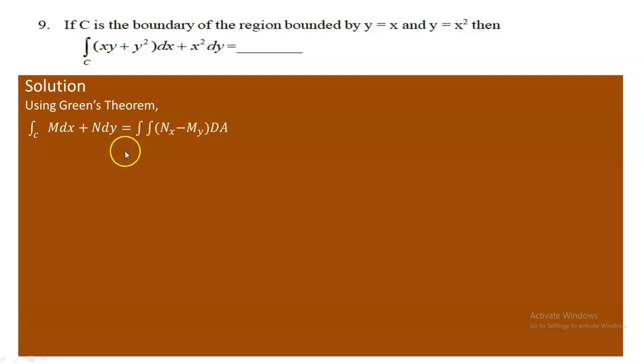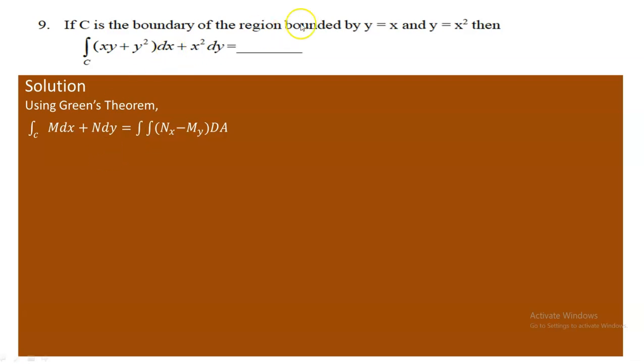What you need to do is identify the i component of your vector and the j component, because the i component is considered as M and the j component is considered as N. Take M to be the one before dx, and the one before dy is considered to be N, so your N is going to be x squared.